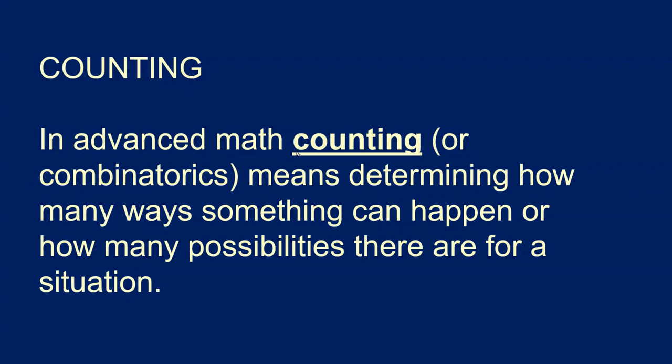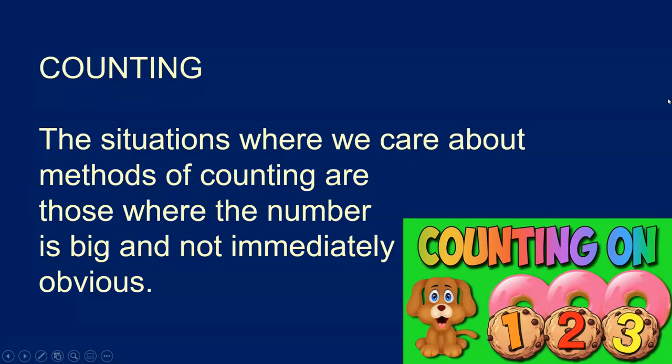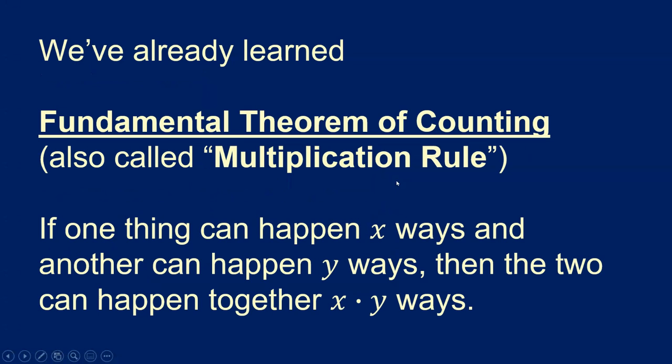You want to think like how many ways could you shuffle a deck of cards, like the example that we had yesterday in that film, or how many ways you can do almost anything else. And again, what we really care about are things where it's so big that you can't just immediately come up with that answer.